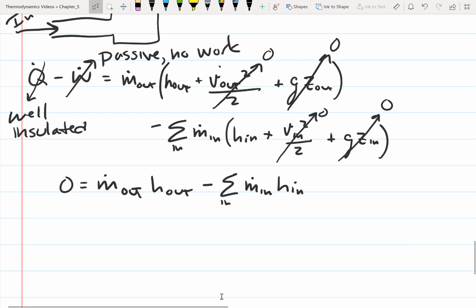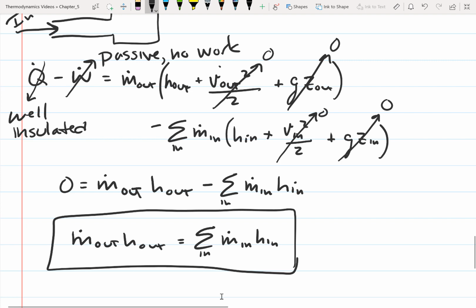So basically we end up with m dot out h out is equal to the summation in of m dot in h in. So this is our energy balance.